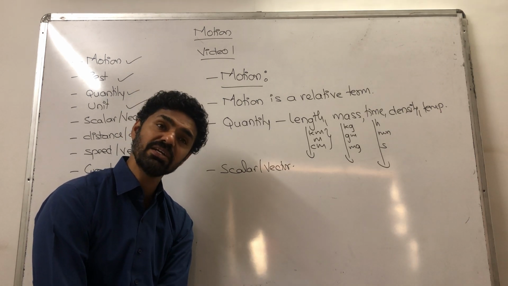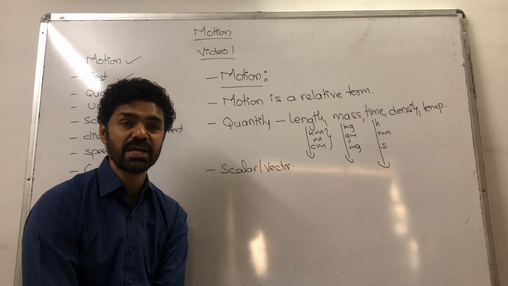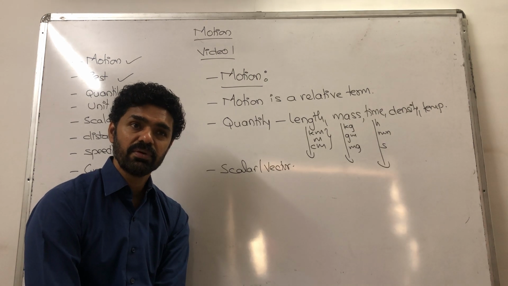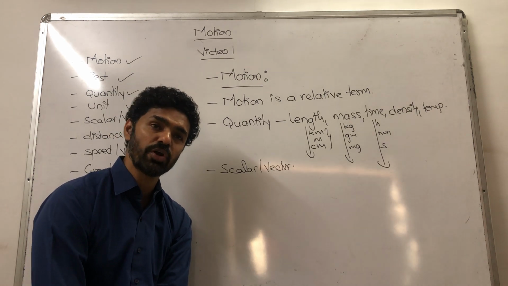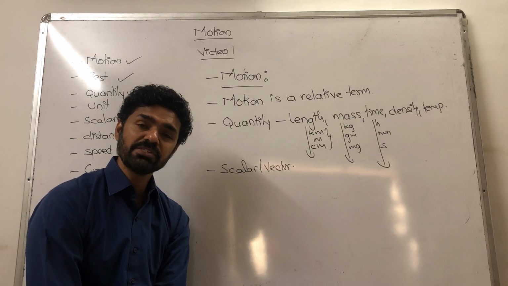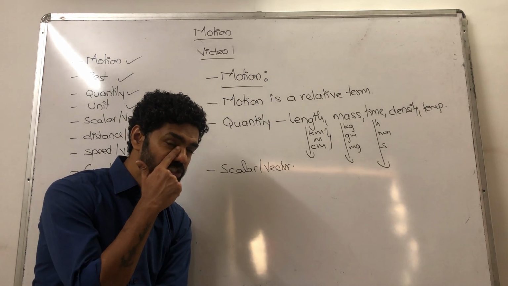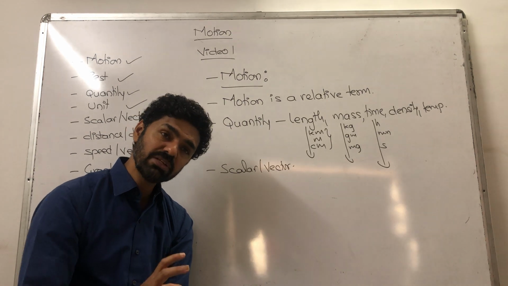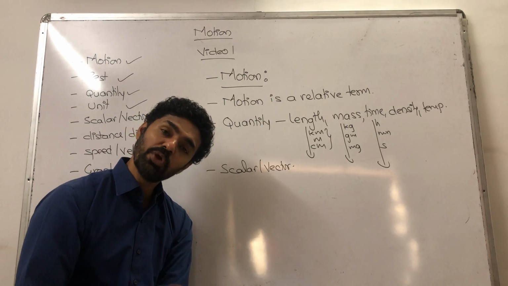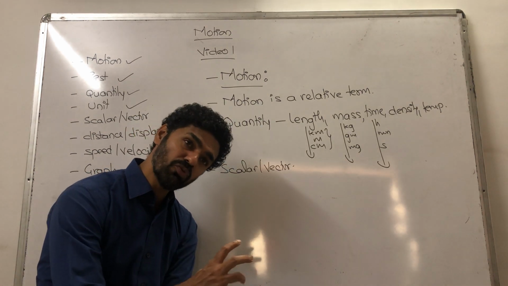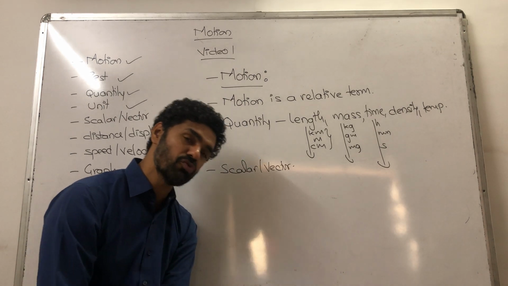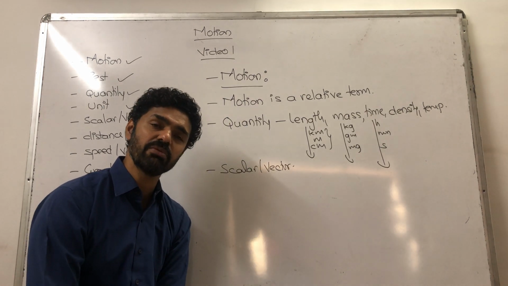Now, there are certain quantities which require direction as well. Let's say I am applying a force on an object. Now, which direction will the object move? The object will move in the direction of the force. Firstly, why will the object move? The object will move because of the amount of force, that is because of the magnitude of force. And in which direction will it move?